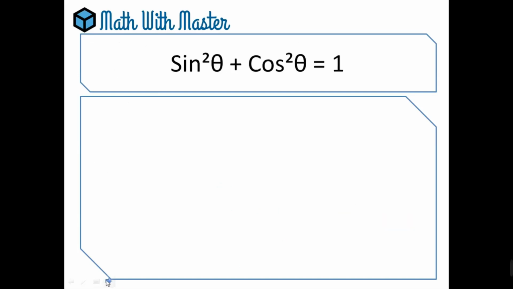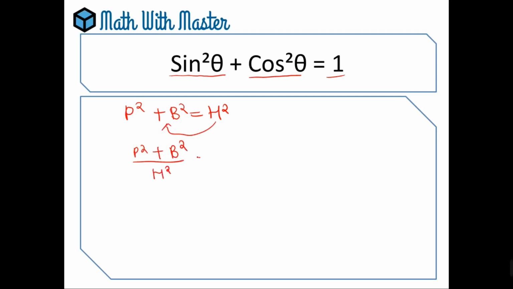Now how do we derive sin² θ plus cos² θ equals 1? Our Pythagoras theorem is perpendicular squared plus base squared equals hypotenuse squared. If we move hypotenuse to the left side, then perpendicular squared plus base squared upon hypotenuse squared is equals to 1. Now we will split these terms: perpendicular squared upon hypotenuse squared plus base squared upon hypotenuse squared equals 1.